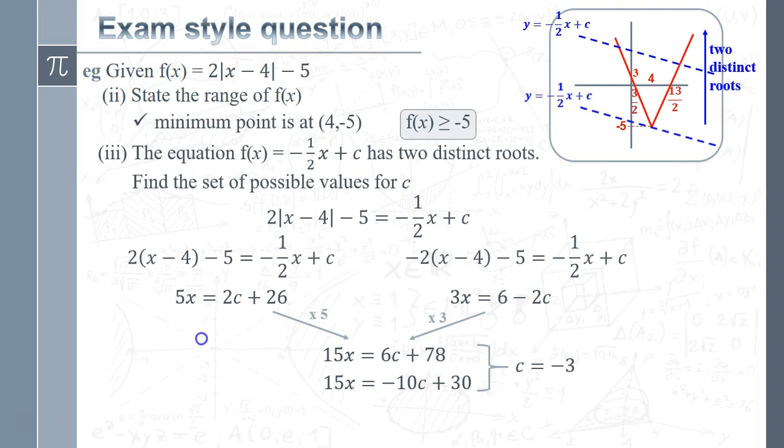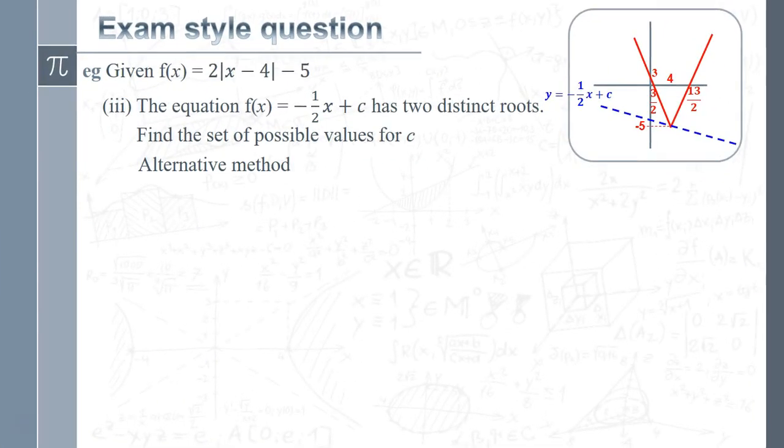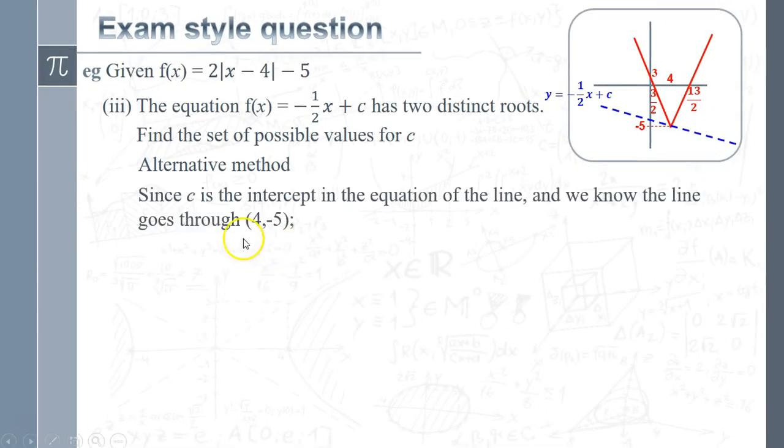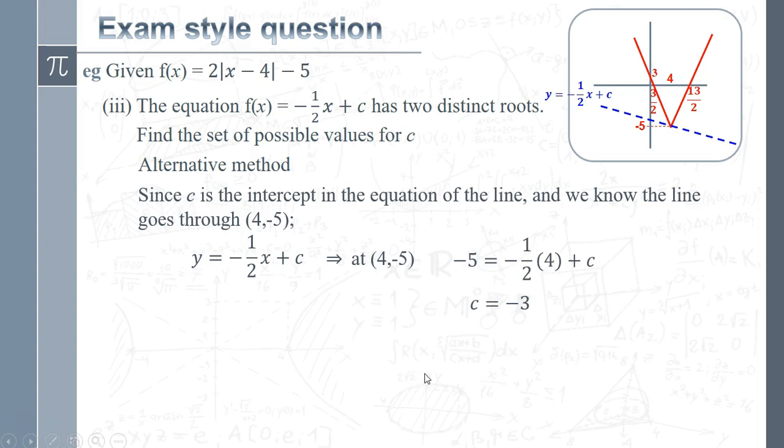So I had a bit of a think and came up with another way of doing it, which was to do this and say, well, if we've got c as this intercept here, so this blue line here has got to go through the point 4, minus 5. And so if it goes through the point 4, minus 5, all I've got to do now is put those values into my equation, and that then spits out a value of c equals minus 3.